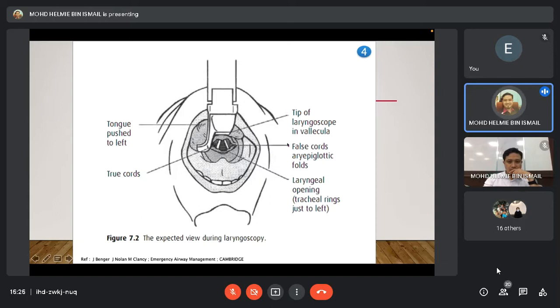So you can see a false cord, which is around the true cord.